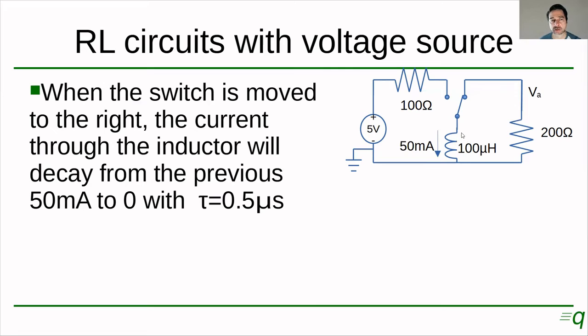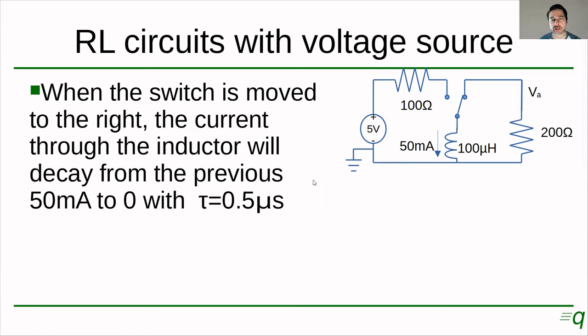And now the current's going to decrease from 50 milliamps to 0, right? Because we have no voltage or current sources in this loop here. So in the end, this is going to be behaving as a wire, and all the current's going to be disappearing from this loop, okay?